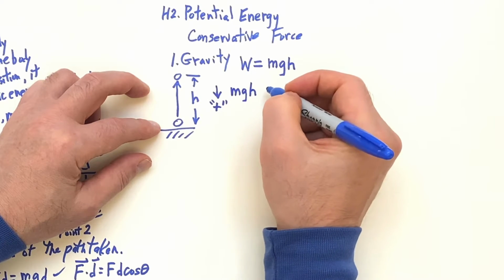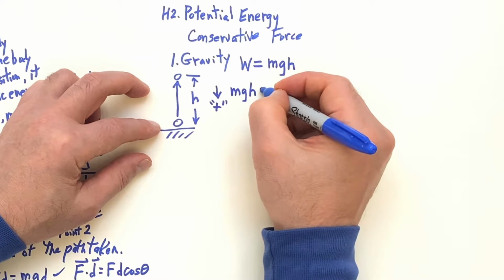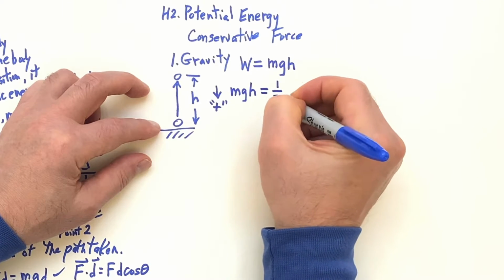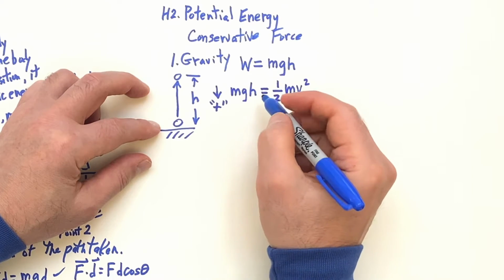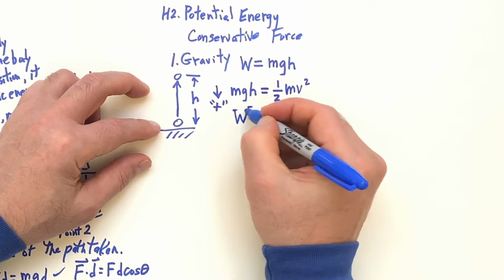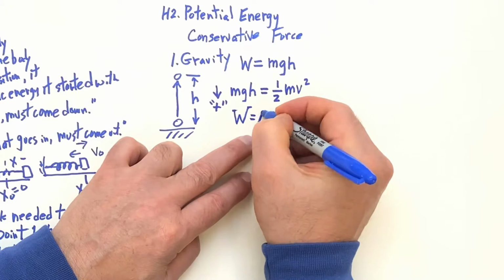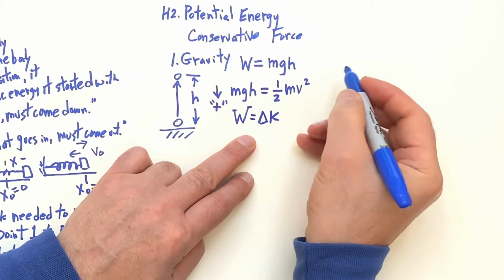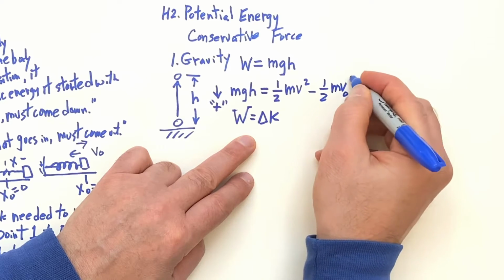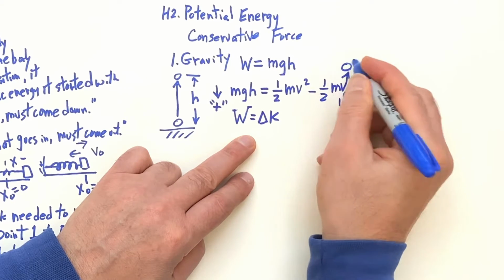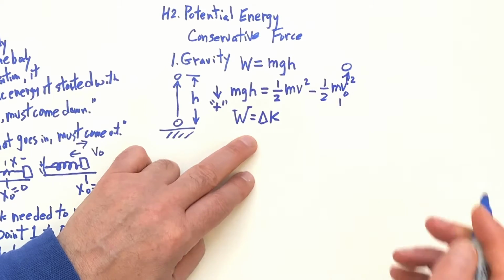So that's the work you'll do coming down, and that's going to equal 1/2 mv squared, because remember the work energy theorem says that the work that you do is equal to the change in the kinetic energy. And since we're starting here from rest, this initial kinetic energy is going to be 0 because that velocity is 0.